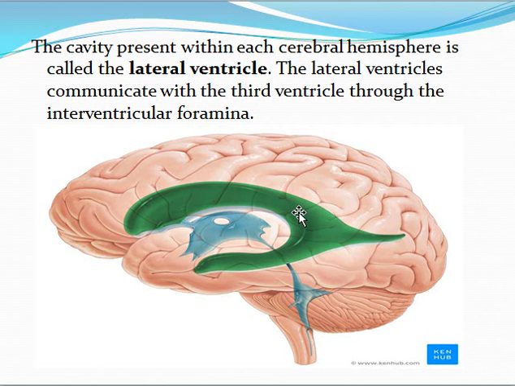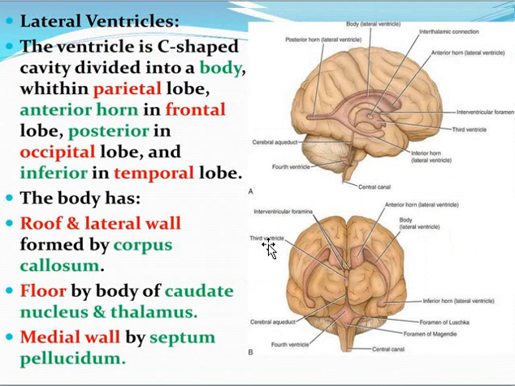The lateral ventricles are the main site of secretion of cerebrospinal fluid. The cerebrospinal fluid is transported from the lateral to the third ventricle through a foramen named the interventricular foramen, and from the third ventricle to the fourth ventricle through the cerebral aqueduct.